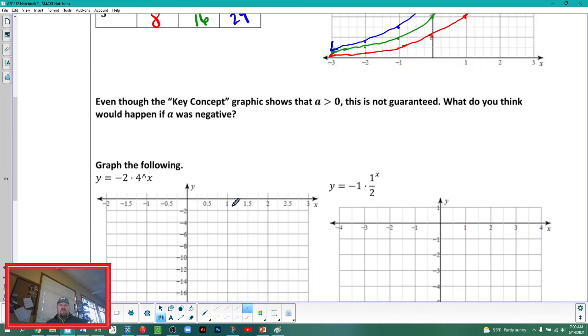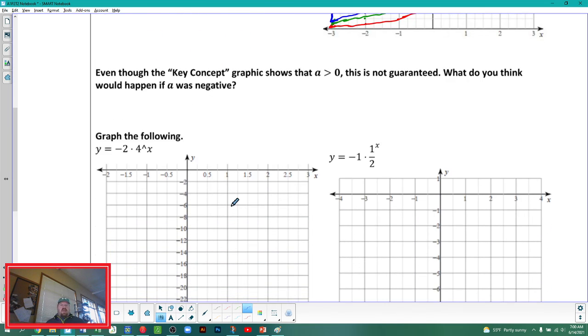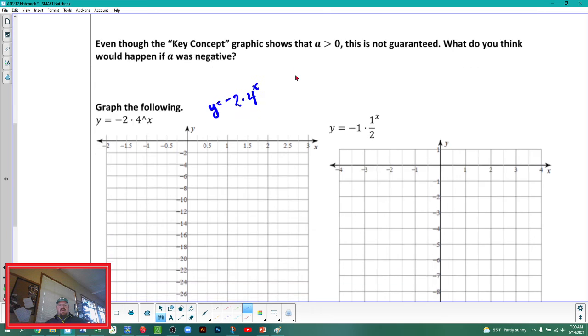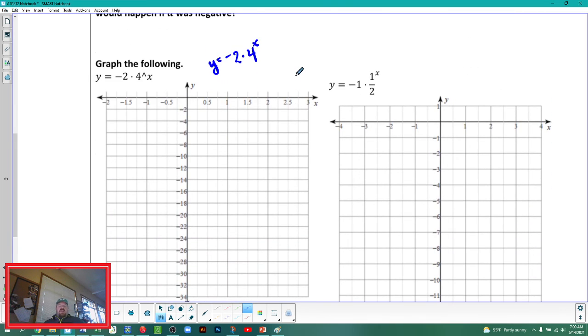Okay. So now just taking a quick look at that idea of A being greater than 0 is not guaranteed. What do you think would happen if A was negative? We kind of already talked about this. Now, this didn't format very well, but this one would be y equals -2 times 4 to the x. I didn't give us a table of values, but we could kind of think about it step by step a little bit. And really all it's going to do is flip this over the x-axis.